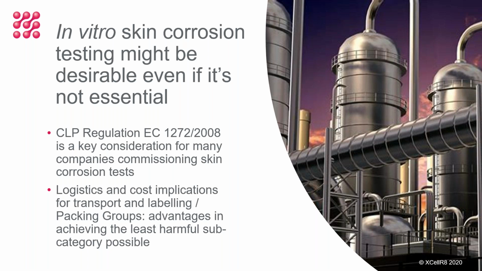And as many of you will be aware, there are a number of logistics and cost implications for transport, labelling, and the packing groups that are assigned according to the subcategories. And it's very desirable to be able to achieve the least harmful subcategory possible in order to minimise things like transport costs, etc., and a number of other commercial factors as well. So sometimes in vitro corrosion tests are commissioned and they are considered desirable, even if a basic classification of yes, no is already known. Next slide.